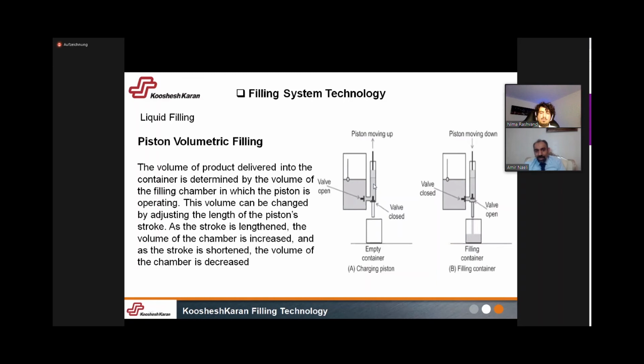When filling the cylinder, the valve to the container is closed and the valve of the tank is open to fill the cylinder. After that, when the piston moves down, the valve to the container is open and fills the container.